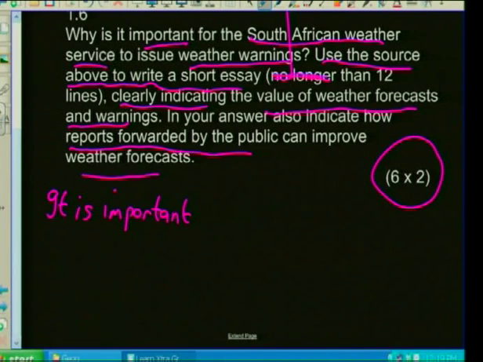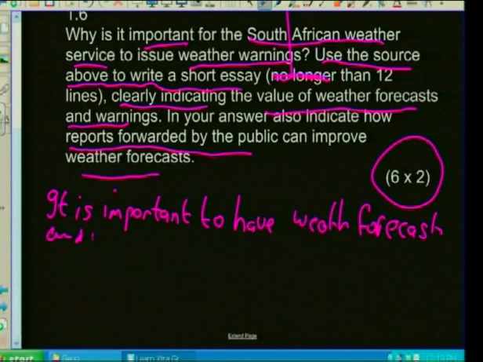It's important to have weather forecasts and warnings. I put a full stop. And then I start my discussion, in points, but I put it as sentences down here.